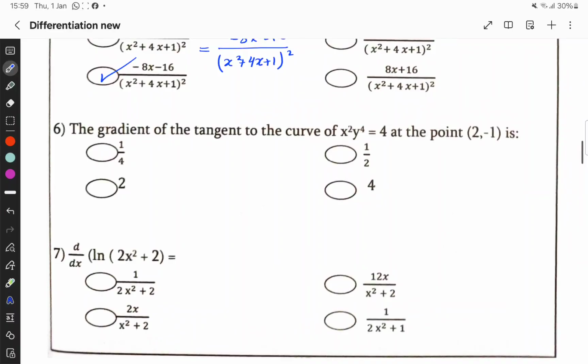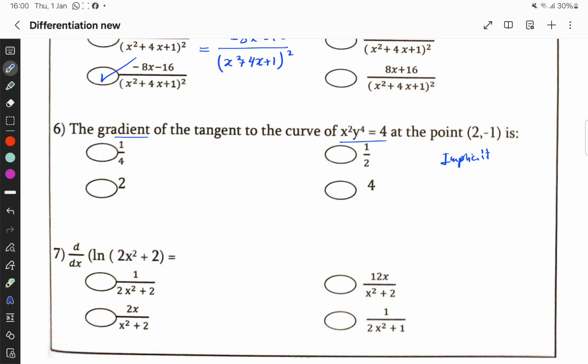In that question, it's an implicit function. Why? Because it's involving x and y together. He said the gradient, so I want to differentiate. And I told you that in implicit function, how to know it? It's a function involving x and y together, and so hard to make one of them the subject.